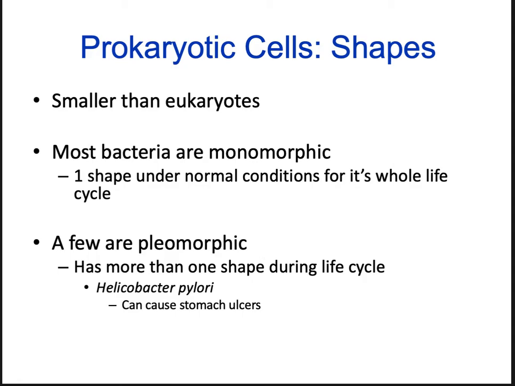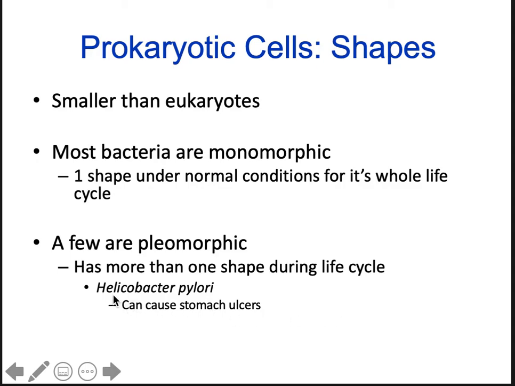If you're able to take a sample and see cells in different shapes, and you know that you're working with a pure culture, then you would know that you more than likely have a pleomorphic bacteria that could only be one of a few types. And the most common example would be H. pylori. So I think your textbook has some images of that you can look at, or you can also Google it to see what does it look like in different stages.